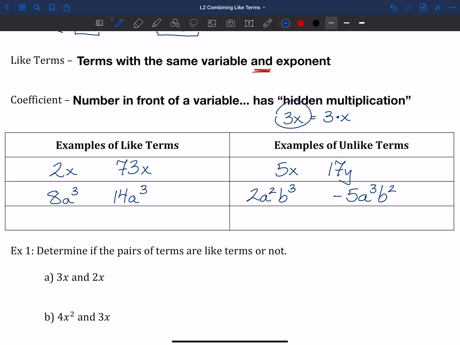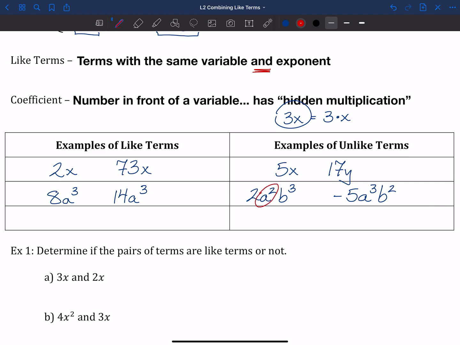To figure out whether they're like terms, we're looking at the variables, which do match, since they both have an a and a b. So what we're then looking at are the exponents. You might be thinking, oh yeah, there's an exponent of 2 and there's an exponent of 3, everything's fine, we've got like terms. Sorry to say, that's not the case. When we have these exponents, they need to be on the same variables.